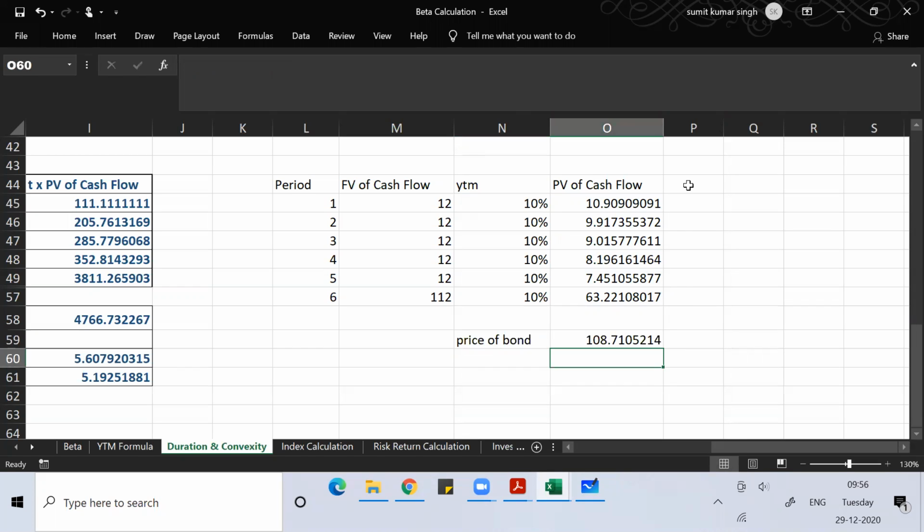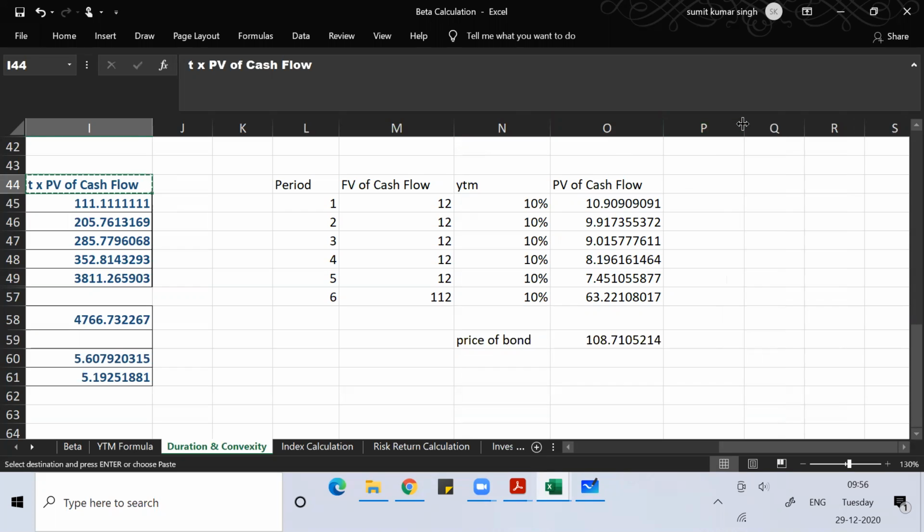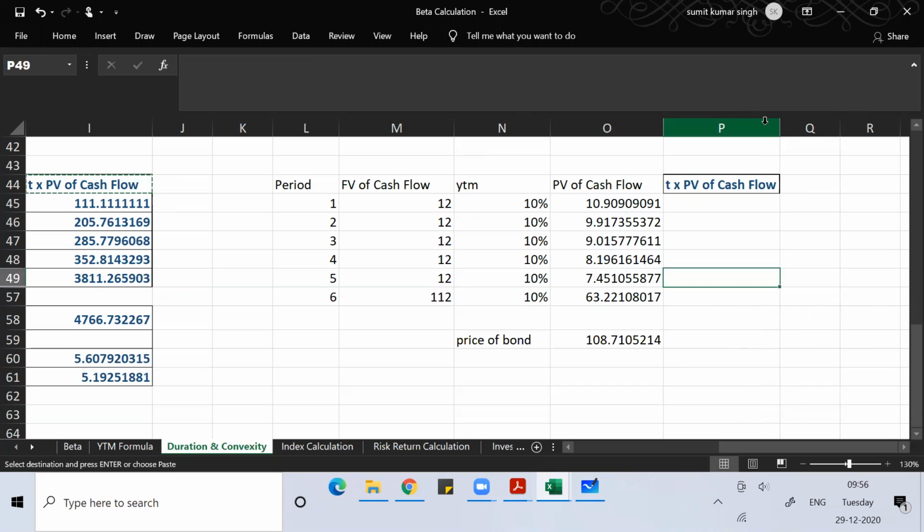Once you get the price of bond, then you multiply time into present value of cash flow.